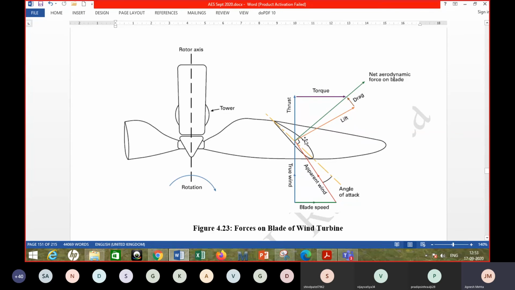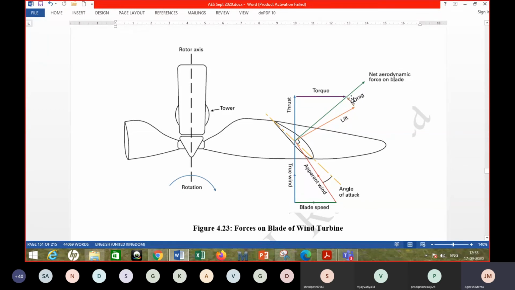Now you can see that the lift is responsible for thrust as well as torque. It's the main force which is helping you to produce the torque, but the side effect is the thrust force, which is also sizable.